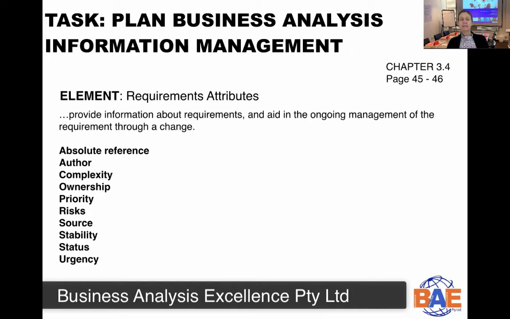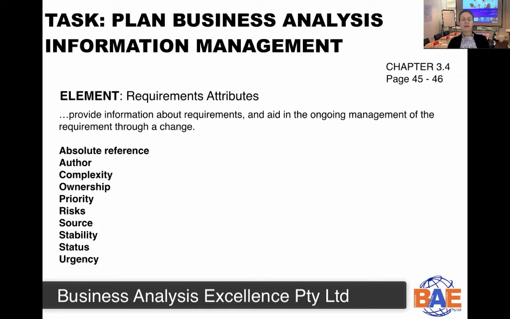Stability. This is all about how mature is this requirement? How well do we understand this requirement? And how fully is it developed? Status. This could be about the different statuses of requirements. And we don't all use the same statuses, but examples could be proposed, or it could be changed, or it could potentially be verified, validated, and so forth.